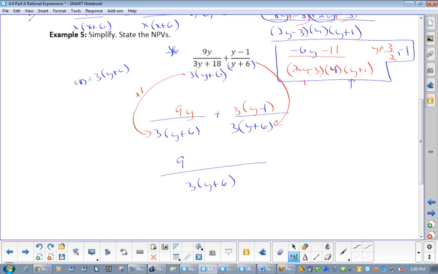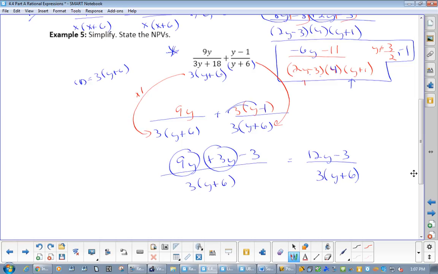Okay, so 9y plus 3y minus 3. Now you can see these are like terms. So this would turn into 12y minus 3 all over 3(y + 6). Now, am I done?